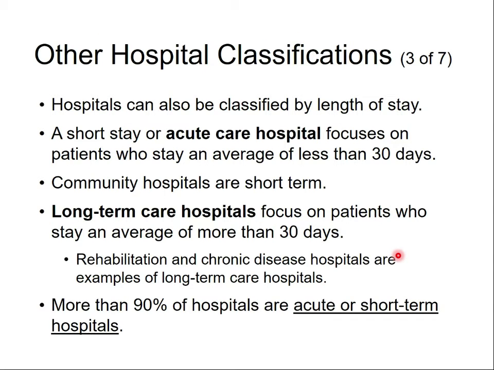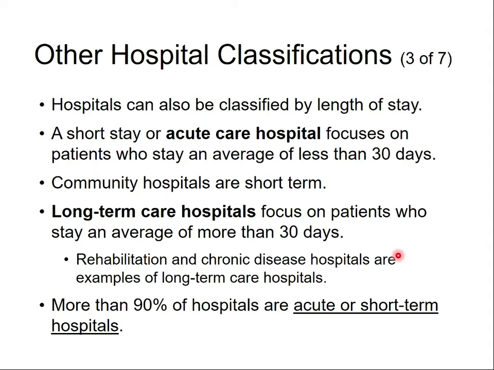Hospitals can also be classified by the length of stay. Some hospitals focus on a short-term stay or acute care hospitals where patients would stay on an average less than 30 days. Many community hospitals are short-term hospitals. Then we also have long-term care hospitals where the focus is on patients who need care for an average more than 30 days.